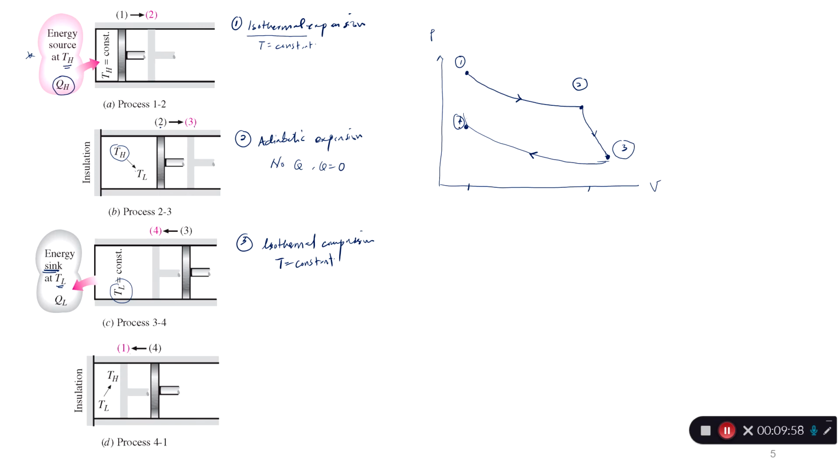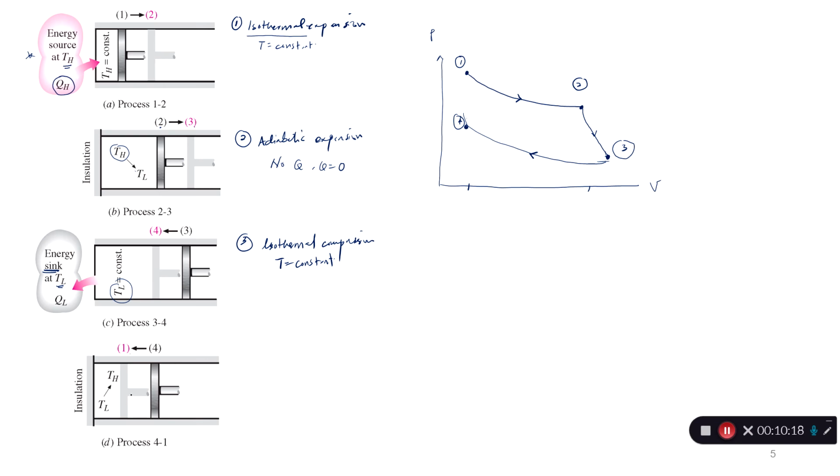And finally, at point 4, an insulation is placed again at the cylinder. It's just the opposite of the second process. So the gas is compressed continuously. What's going to happen is the heat can't escape anymore.